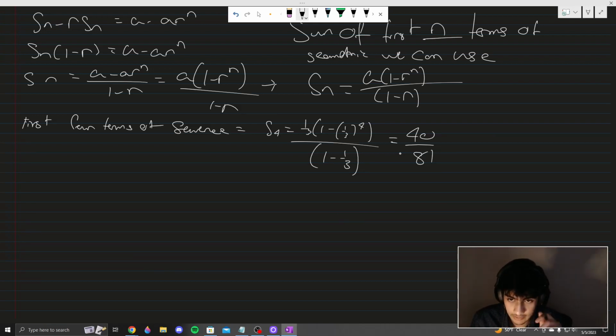Now, there is a slight difference for an infinite geometric series, okay?